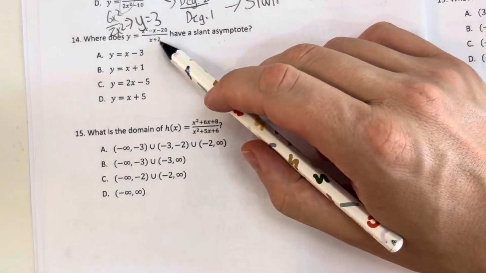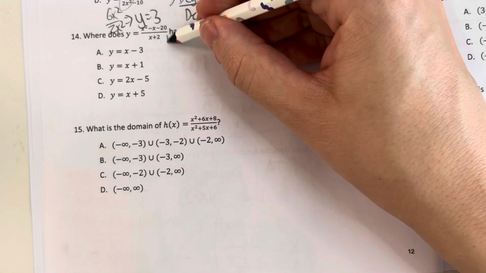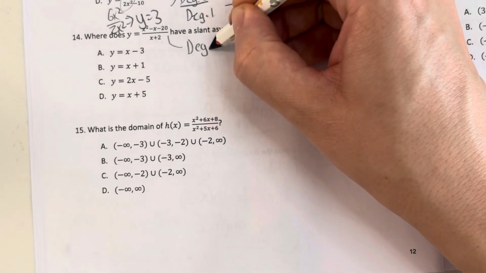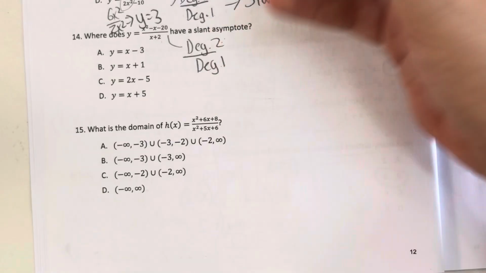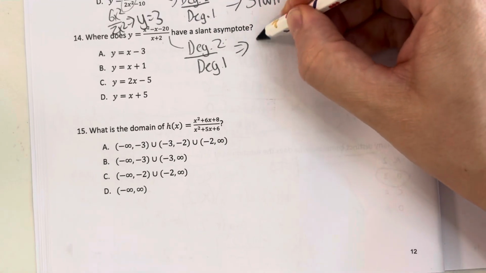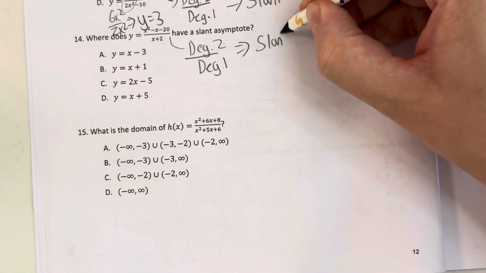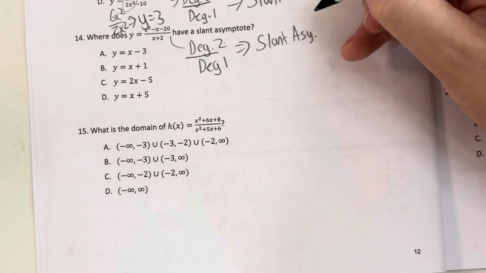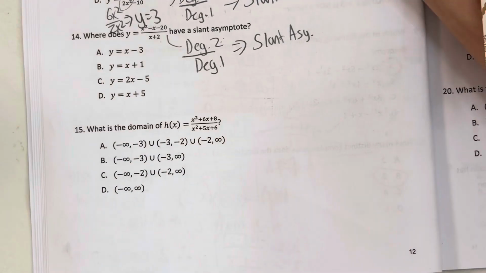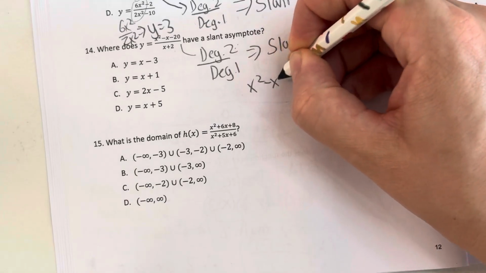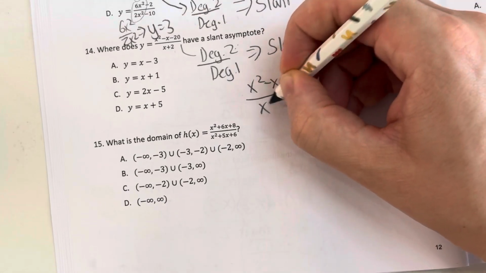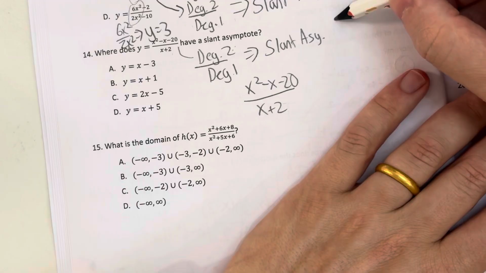Where does this have a slant asymptote? So again, this is degree 2 over degree 1. If the numerator degree is higher than the denominator degree, it's a slant asymptote. And we find it by doing division. We can rewrite this using synthetic division or any division.